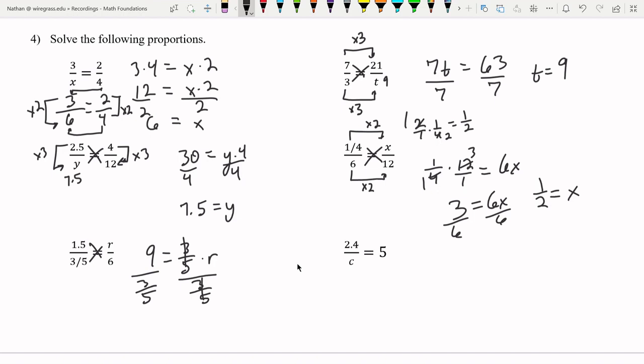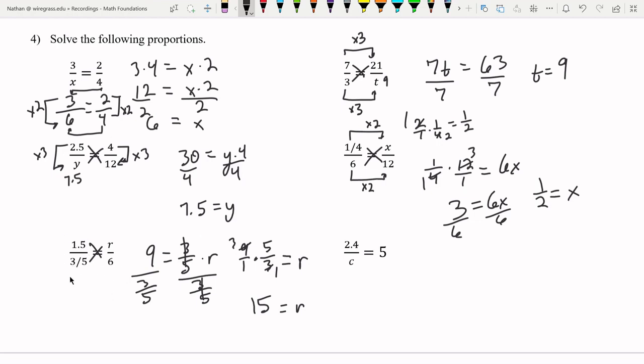And that gives me r equal to 9 divided by 3/5, which is multiplying by the reciprocal: 9 over 1 times 5 over 3. And I can cross cancel. 3 times 5 is 15. r equals 15.